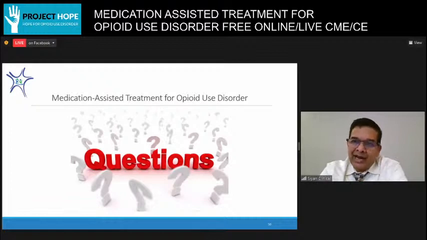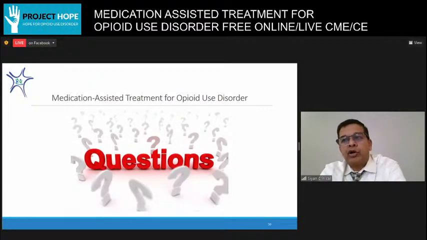Somebody has to drive them. You typically prescribe about 36 milligrams of buprenorphine for the day of induction to the pharmacy that they would be going to. So the patient and the family member can pick up those prescriptions and bring them to your office. You do a urine drug screen, take vitals, and then give 4 milligrams of buprenorphine first.